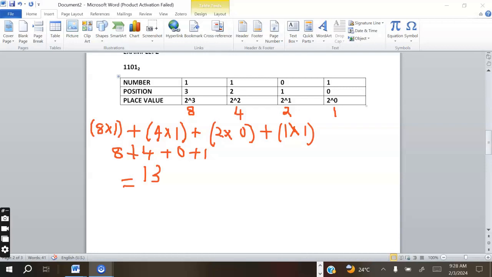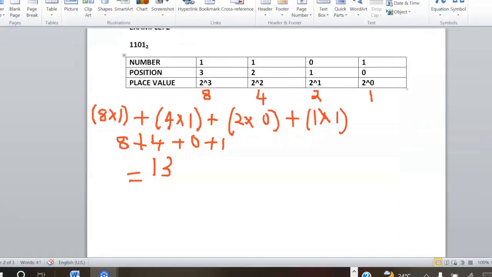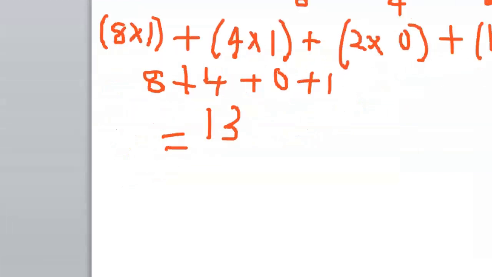Remember, this is a decimal, supposed to have base 10.